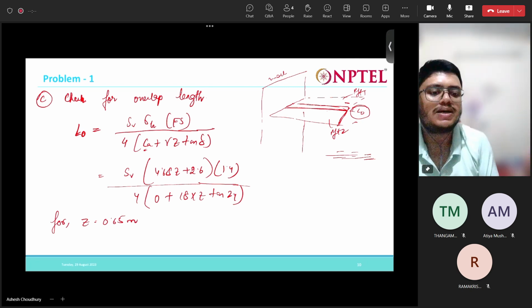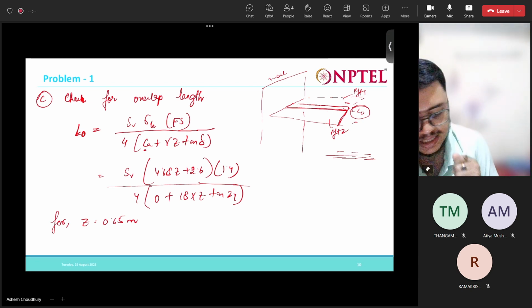So it is going to be maximum at the uppermost layer. At the uppermost layer, Z is 0.65 meter, and the spacing is also 0.65 meter.